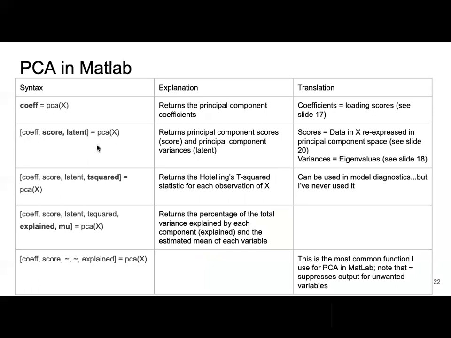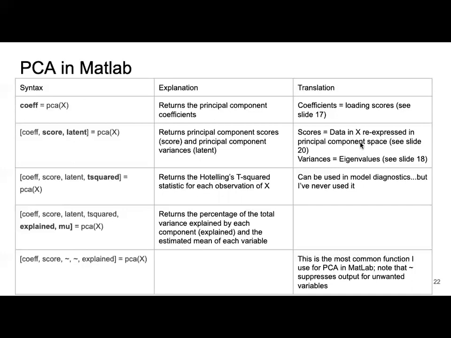Another way you can run PCA in MATLAB is by asking for output related to score and latent. Here, score is the data in X, your original data that is now re-expressed in principal component space. As I said, this is the data that you would use in subsequent analyses. Let's say you want to look at the first principal component and compare that between your 2 groups, then that is the data you would use in that analysis.